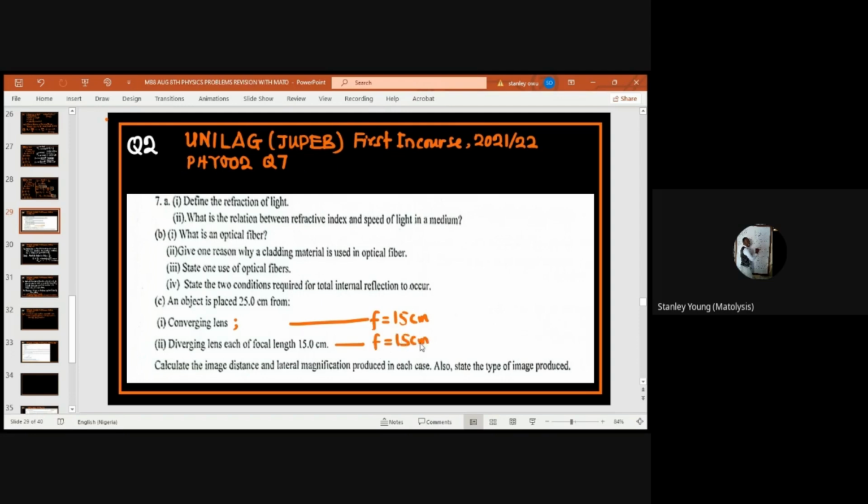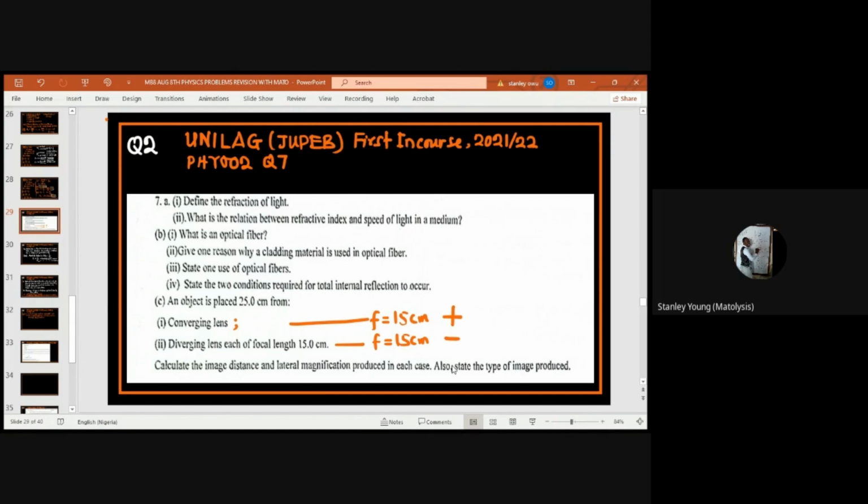But take note, we are dealing with lenses here. Lenses have similar characteristics to mirrors. A converging lens is a convex lens, so its focal length is going to be positive, while for a divergent lens, it is going to be negative. Just take note of that as the convention.